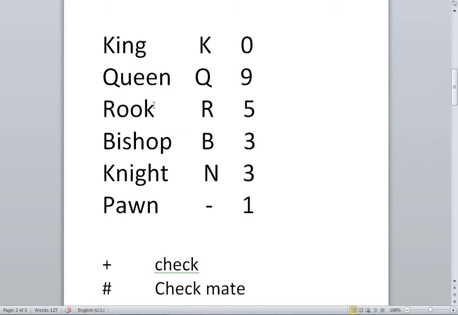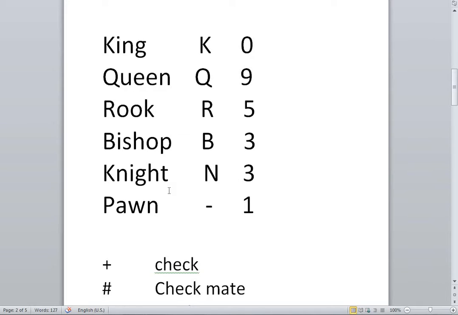Next is the rook. Rook means elephant. Its sign is capital R and it has got 5 points. Next is the bishop or the camel. Its sign is capital B and it has got 3 points. Then comes the knight. It has a sign of capital N with 3 points.